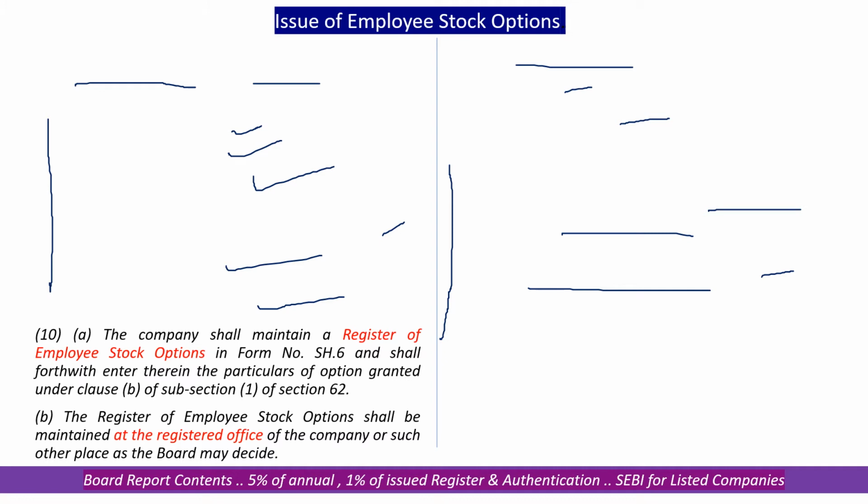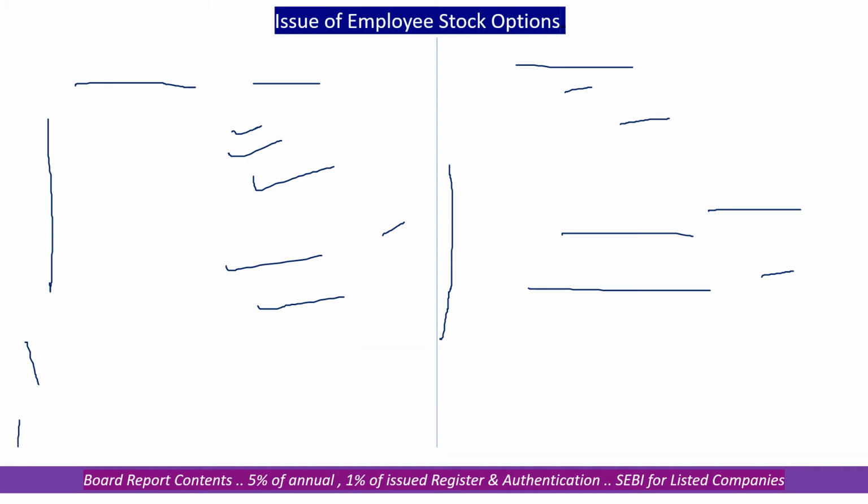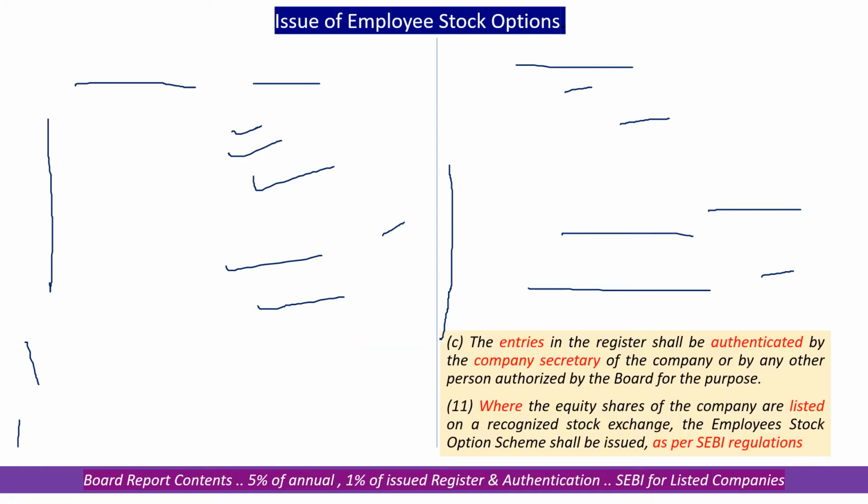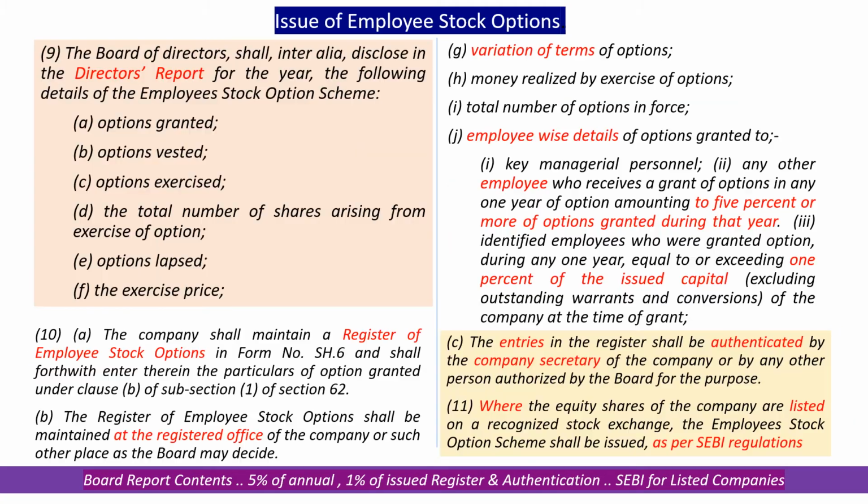The company shall maintain a register of employee stock options with the particulars of options granted, and it will be maintained at the registered office of the company. The entries in the register will be authenticated by the company secretary, and the SEBI regulations are to be followed if the company is a listed company.